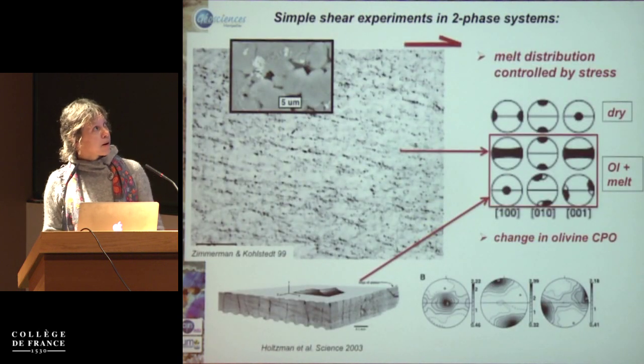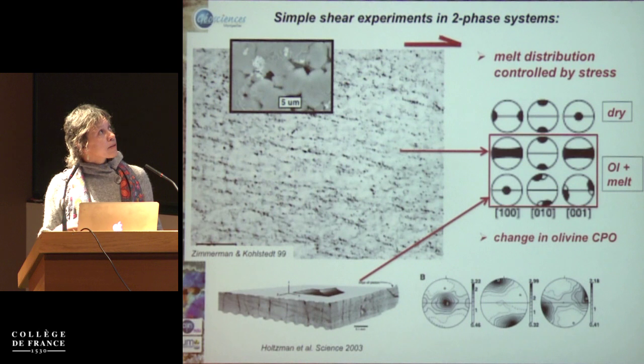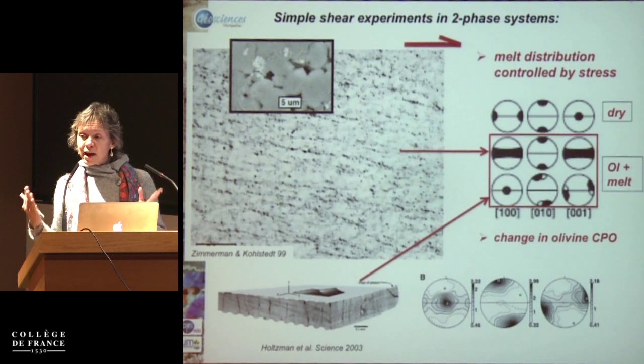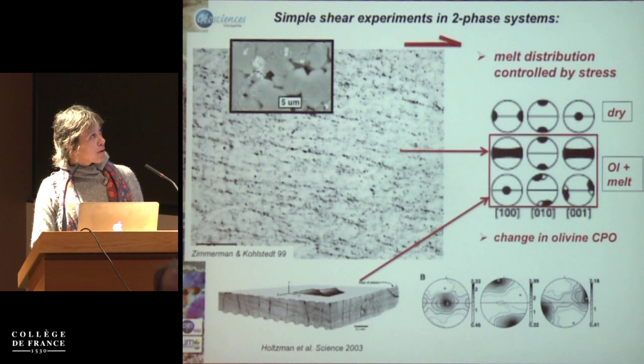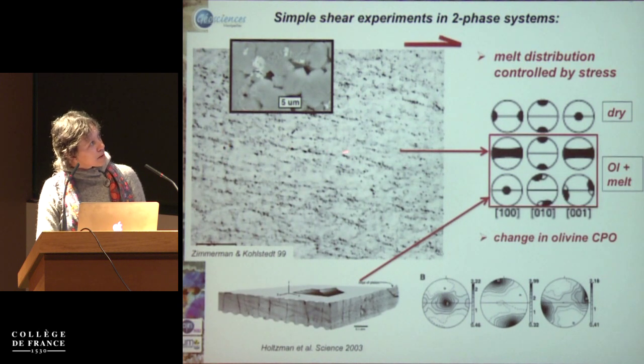If you look at experiments on systems with olivine and basalt, when you deform the systems in the presence of melt, the melt, which is the black part here, tends to align at a low angle to the shear plane. The shear plane is horizontal. So this is just melt at the grain boundaries, but you have aligned wet grain boundaries.